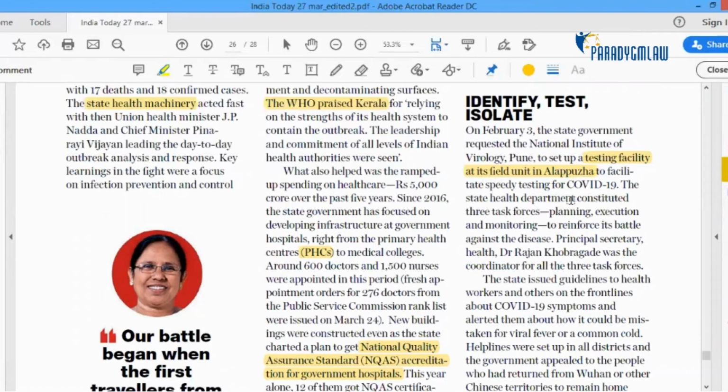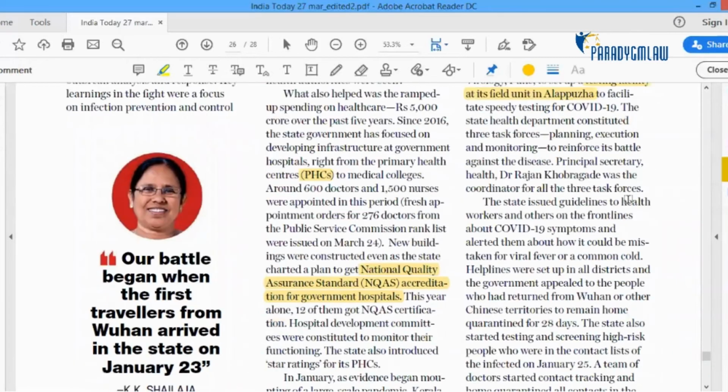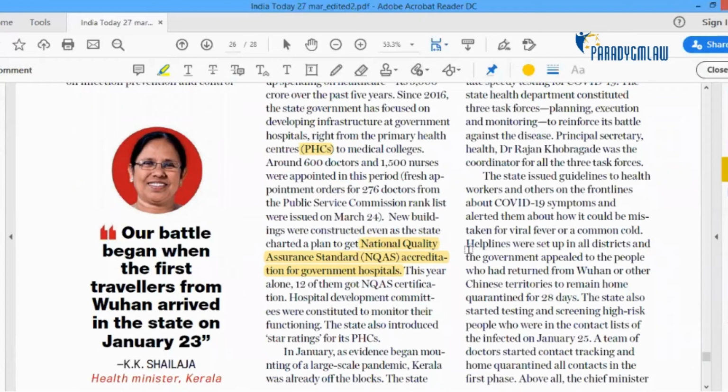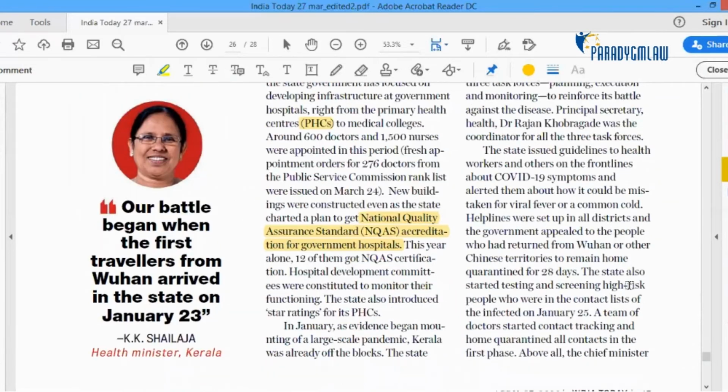Now, Kerala government wanted a testing facility to be set up in their state. Here we are talking about helplines being set up at all districts and how the government appealed for everyone to self quarantine or home quarantine for 28 days.